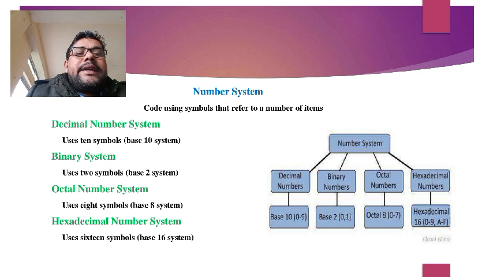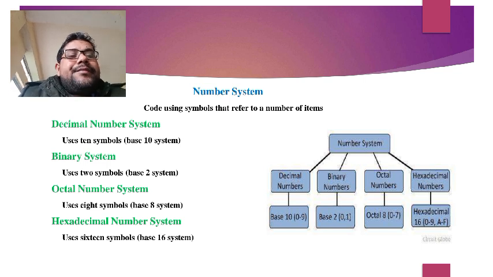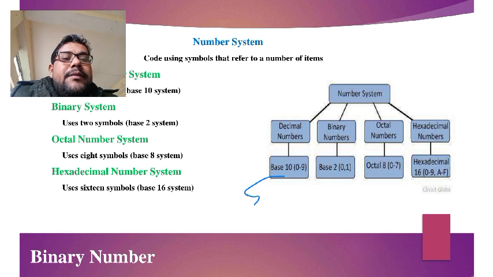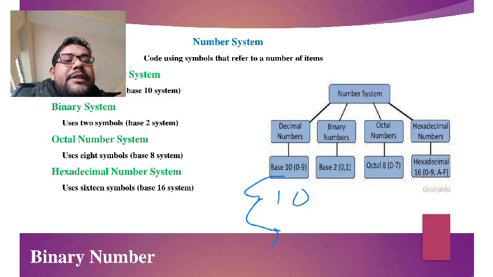First, the decimal number system ranges from 0 to 9, and its base is 10. We can represent 0 to 9.